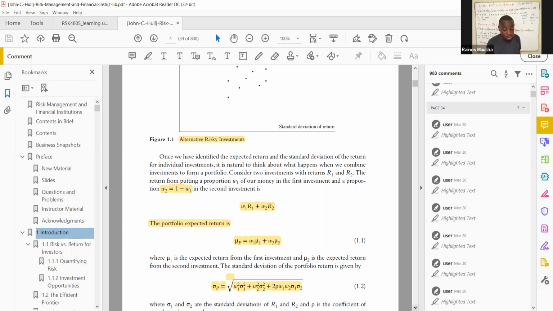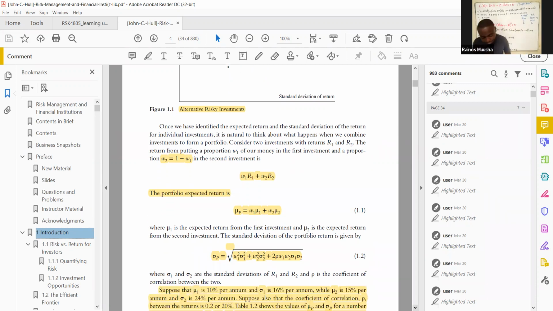Especially for the standard deviation of the portfolio, we always look at a portfolio of two assets. Although it's possible to calculate the standard deviation of a portfolio made up of more than two assets, it becomes much more complicated. But for Rsk4805, we limit it to a portfolio made up of two assets. So they give us that information.